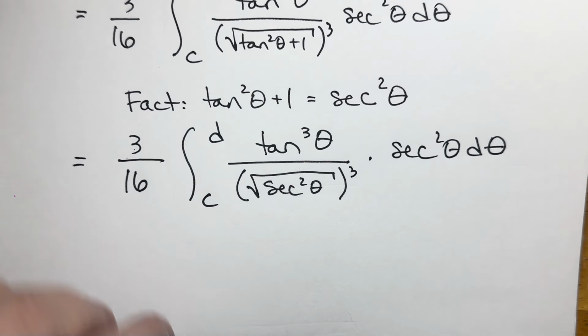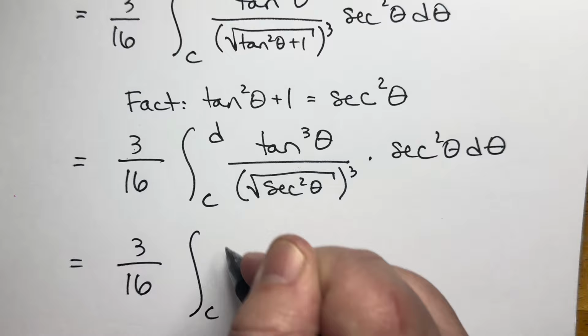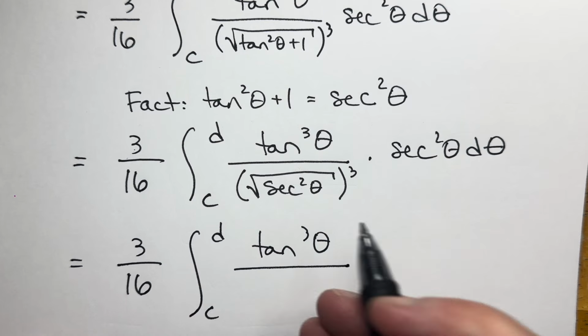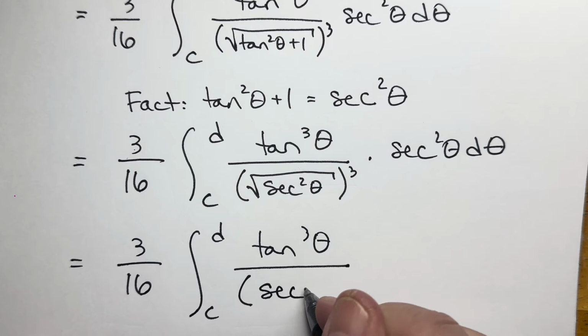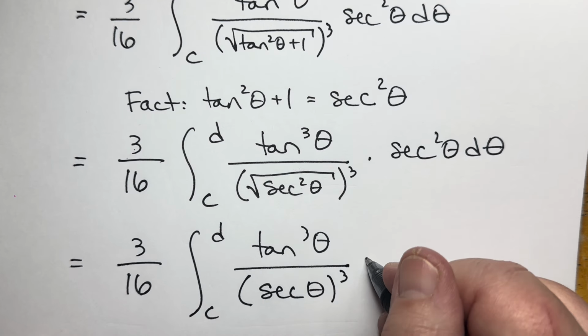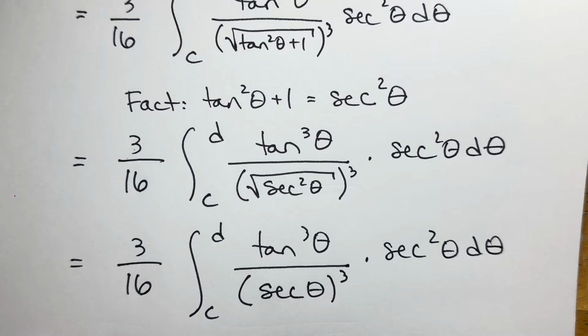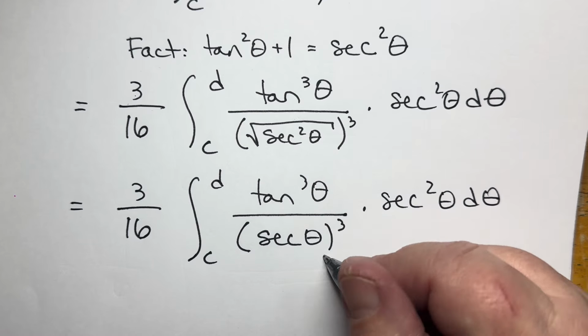Okay, next step. I've got the square root of something squared, so that's just the thing itself. So I've got 3/16, square root of something squared is just the thing. Okay, so now I've got 3 secants down here, 2 secants up here.